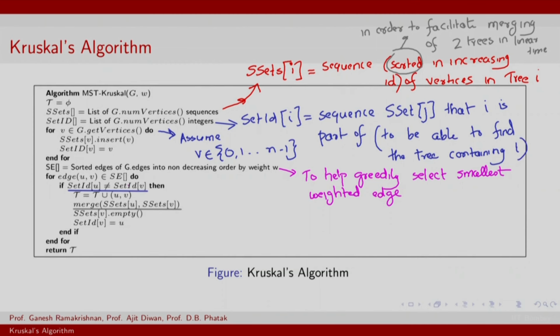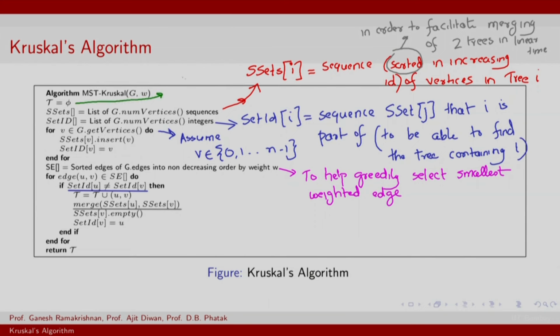So, then we iterate over all the edges. Now, we check if this edge indeed connects two different trees. So, if the set ID of U is not equal to set ID of V, that means they are part of two different trees. Then this T, which we haven't described so far, is basically the data structure that keeps track of the tree so far.